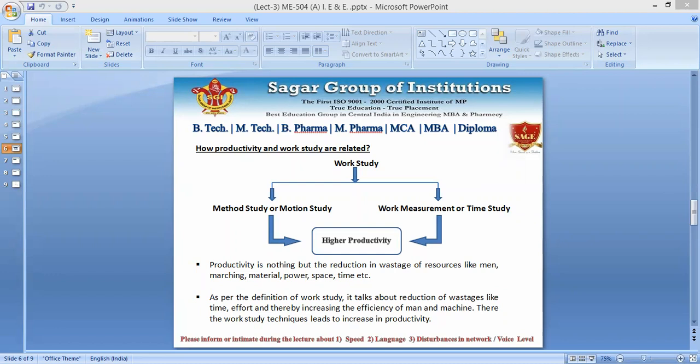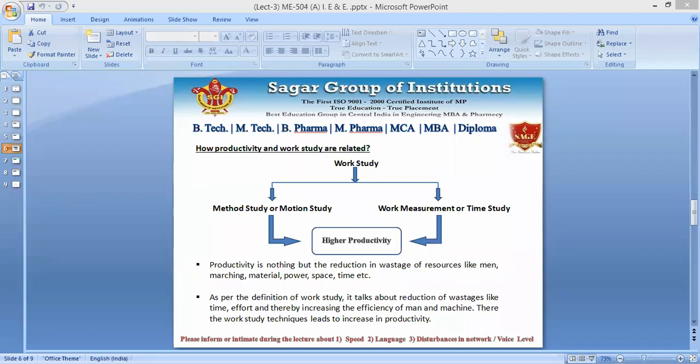The productivity consciousness should be stimulated in the country for getting the maximum utilization of available resources. What kind of resources we have discussed in the previous lectures also: men, machine, money, method, materials, capital, power, etc.